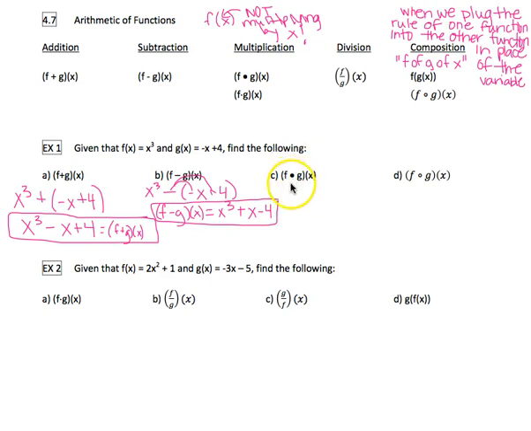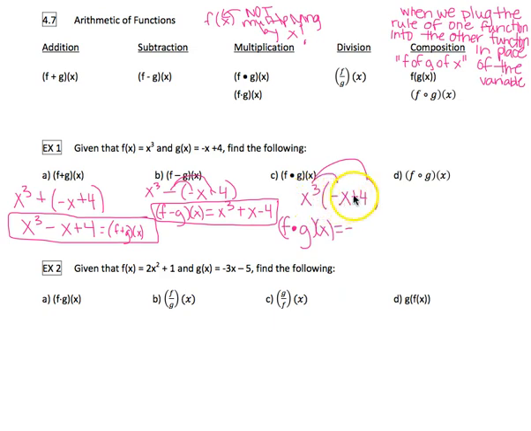C, the filled in circle here means that we are supposed to do multiplication. So f of x times g of x is what it's asking us to do. Because this is a monomial, that means that we're going to distribute. So f times g of x equals, my coefficient here is a 1, here it's negative 1. 1 times negative 1 is negative 1, so I know it's going to be negative.